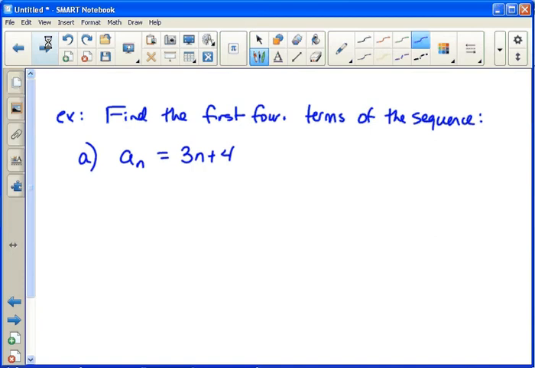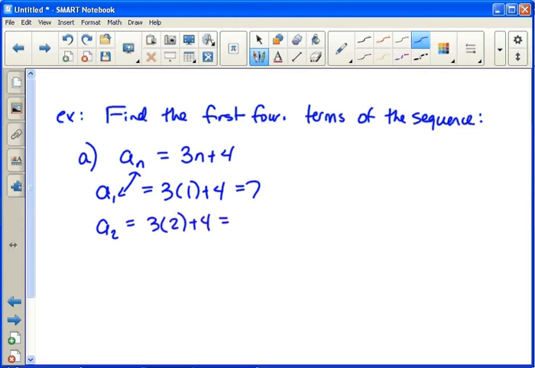If we want to find the first term, notice our 1 is our n. So I plug in 1 for n. So to get the first term, I do 3 times 1 plus 4. So that gives me 7. For the second term, I do 3 times 2 plus 4. And that gives me 10. The third term, I do 3 times 3 plus 4, which gives me 13.